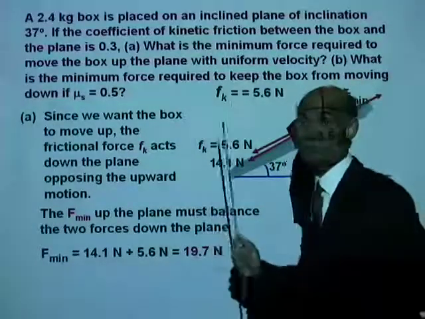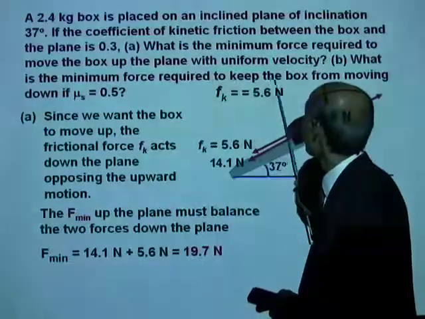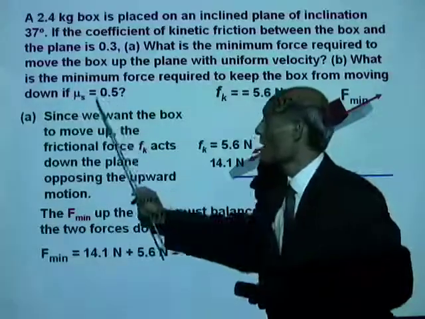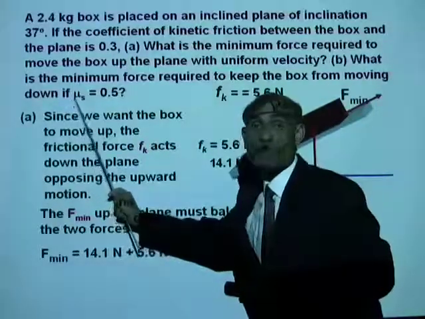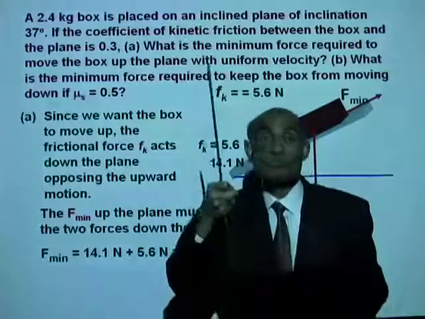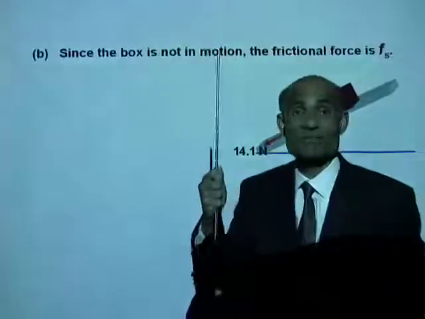Alright, how about B part? What is the minimum force required to keep the box from moving down? This time, the box is not going to move. We need to keep it from moving down. That means the force of friction will be static friction.